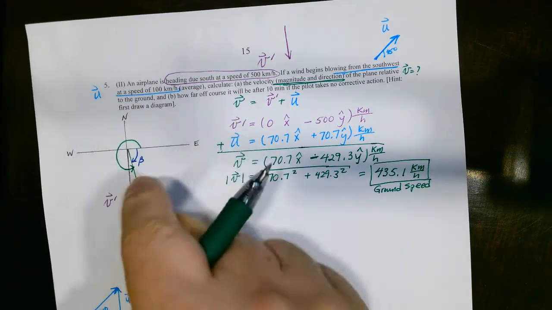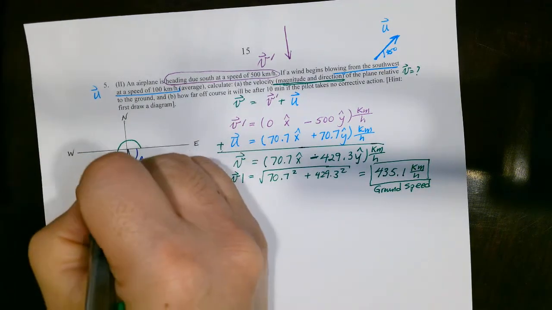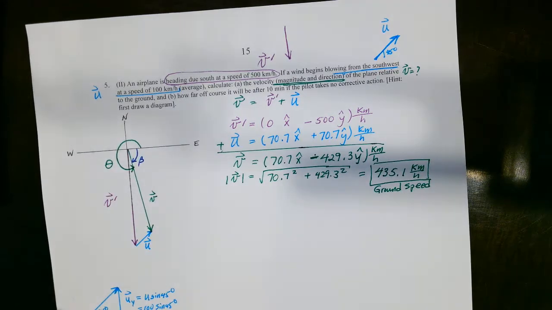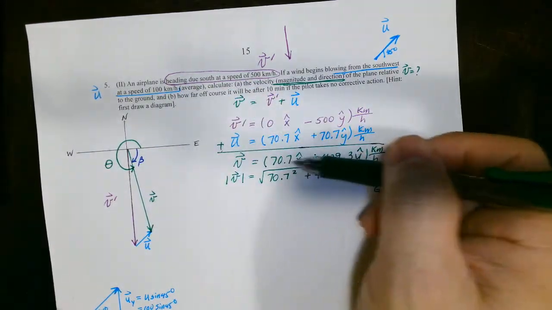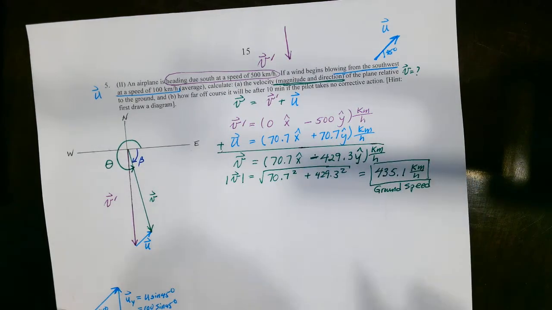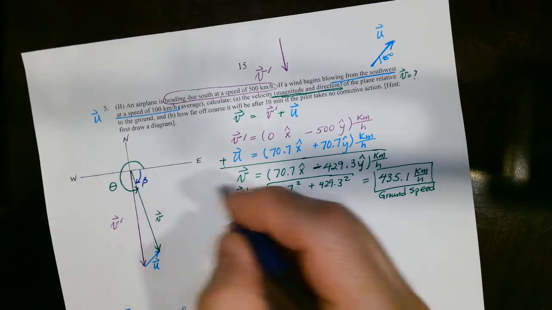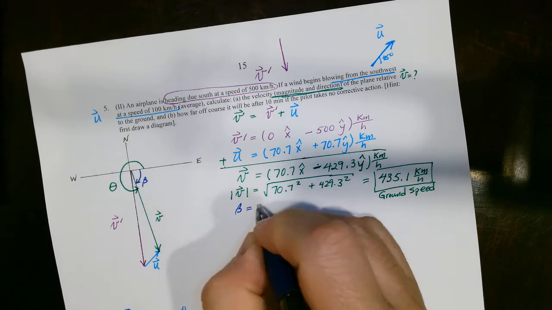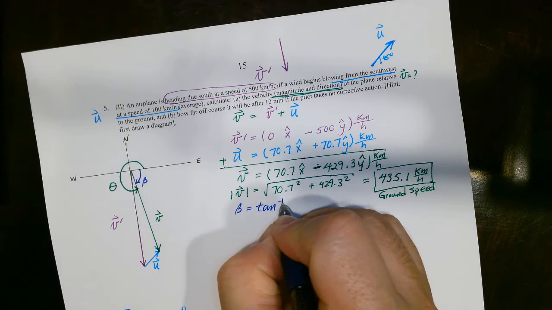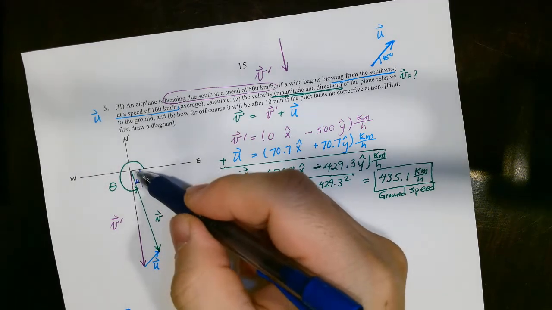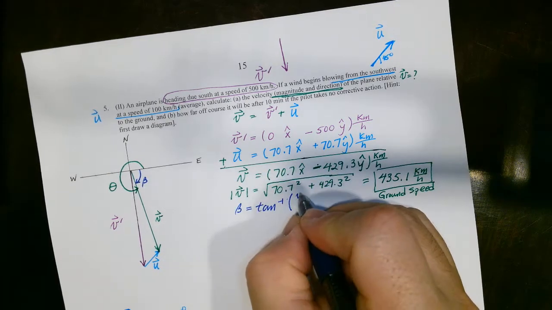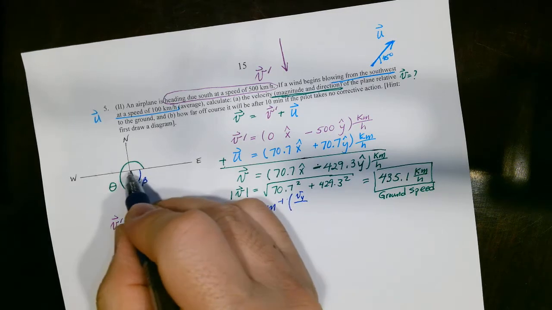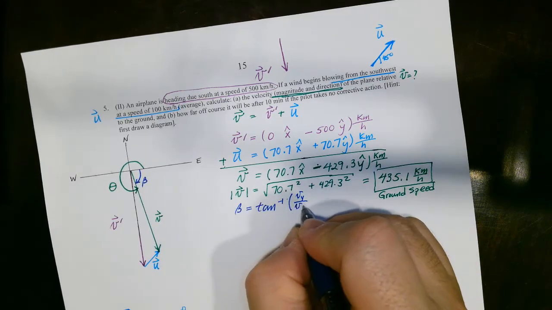And beta, since that's in the fourth quadrant, you can calculate using the x and y components of the V. All right. So to calculate beta, your beta is equal to tan inverse of opposite, which is basically the vy, over adjacent, which is the vx.